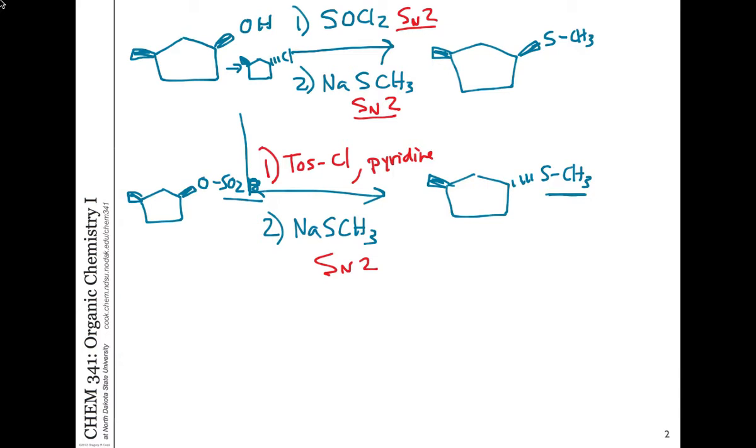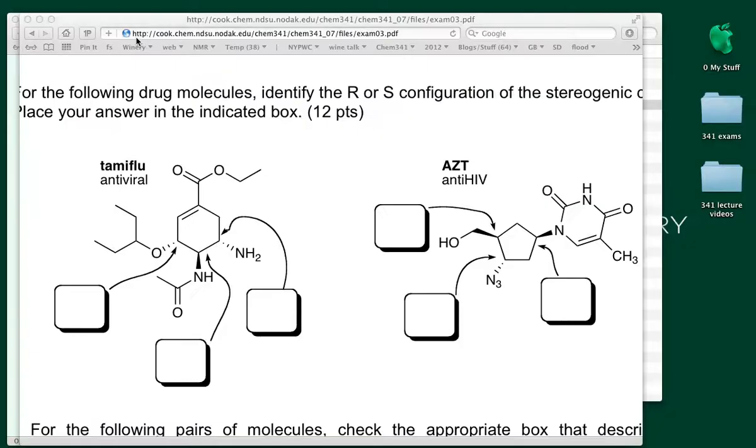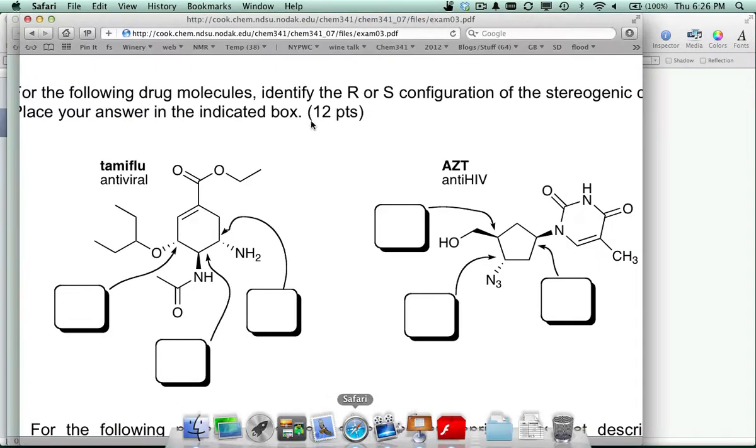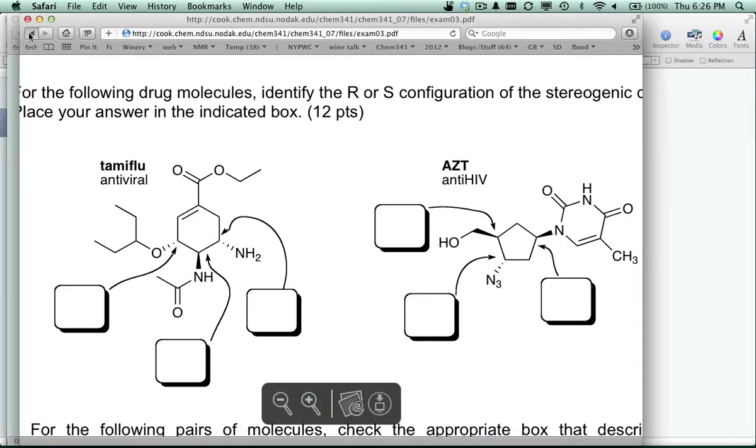Any questions on these substitution reactions? Elimination. Let me just come back to that summary. I think I'll put it on here.